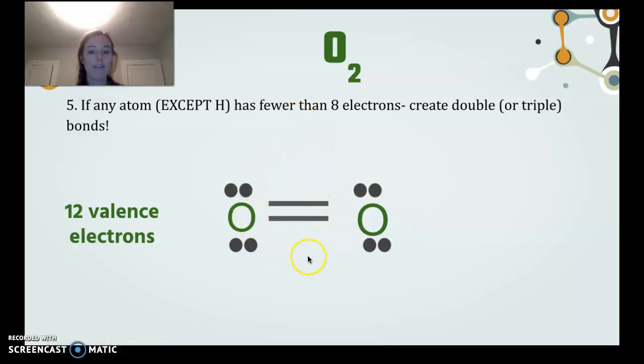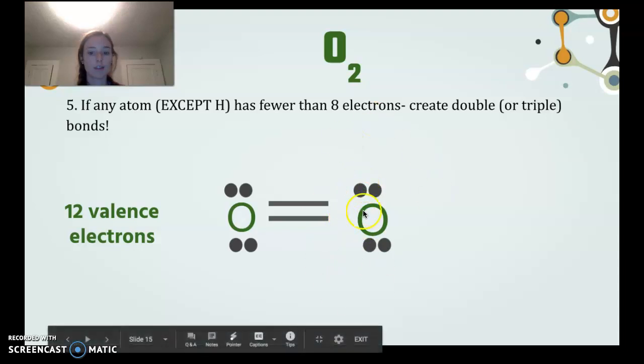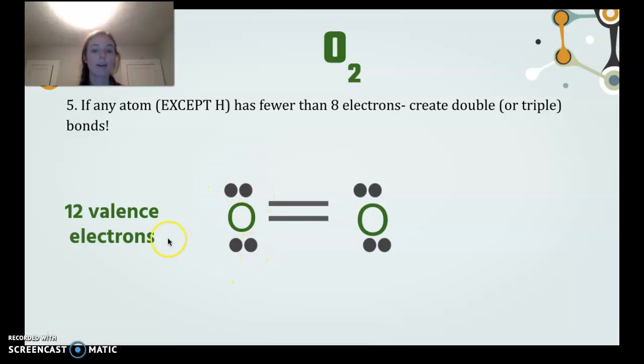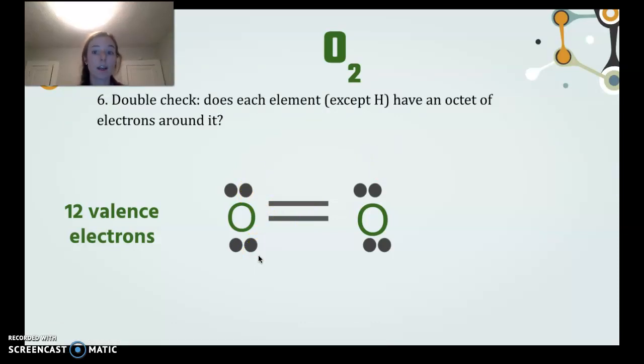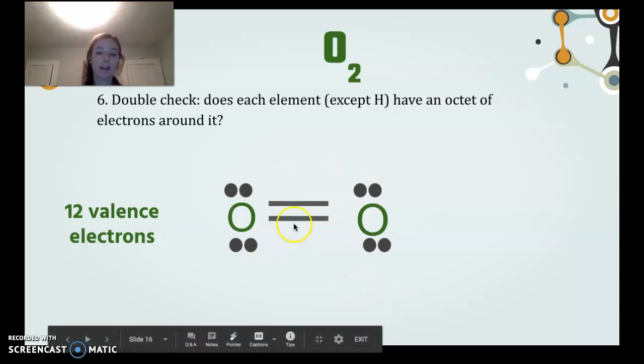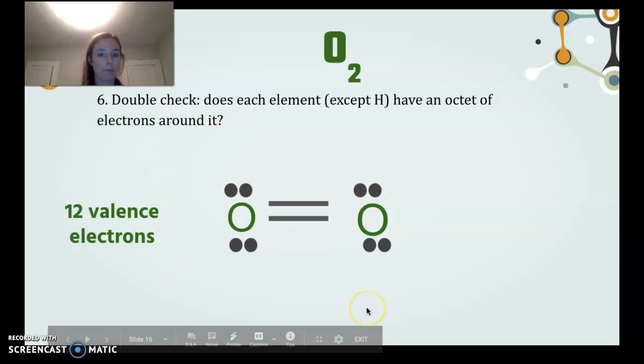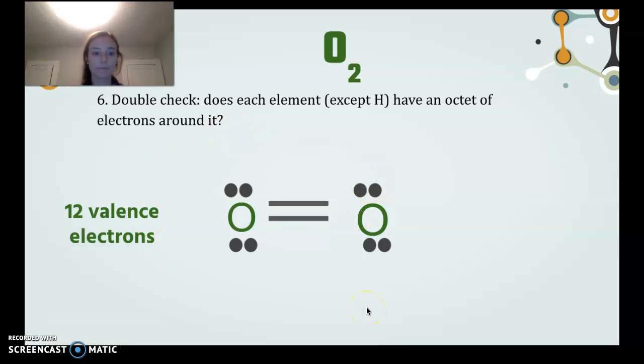So here I have 4 valence electrons, 6, 8. This oxygen is happy. And then here we have 4, 6, 8 valence electrons. That oxygen's happy. In total, I have 2, 4, 6, 8, 10, 12 valence electrons. I double checked because I just counted and each of these have 8 valence electrons around it. I have 12 total, so I put a nice check mark next to it.